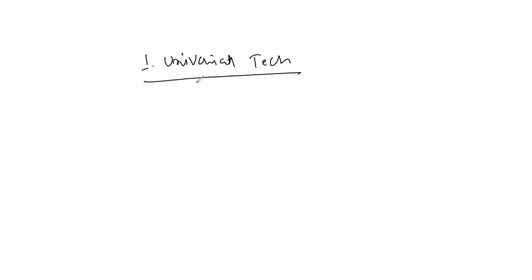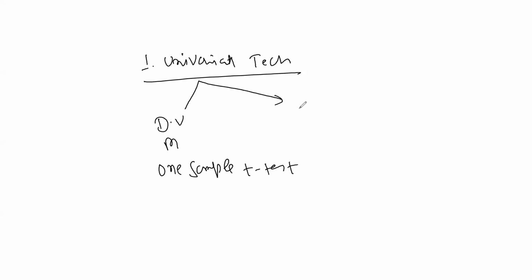In a univariate technique, if my dependent variable is in metric form, then I will use the one sample t-test. But if my dependent variable is in ordinal form, meaning non-metric, then I will apply the one sample median test.